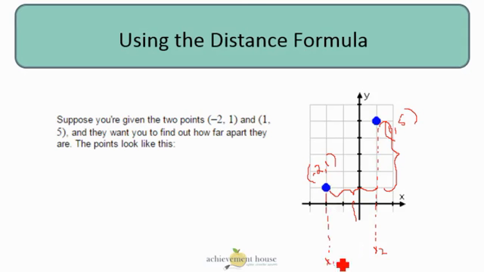But x1 minus x2, that's going to give me this distance. Okay? Now if we do y1, which is this distance here, y1 and y2, we're going to get this distance here.